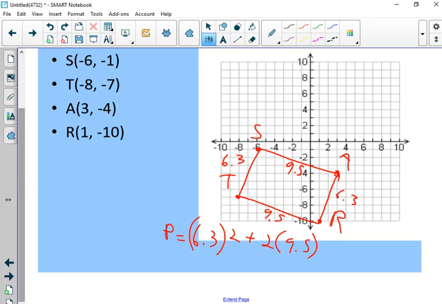So that works out to be 6.3 twice plus 9.5 twice, which is 19, 31.6 units. That's it.